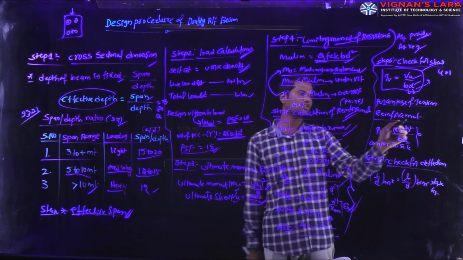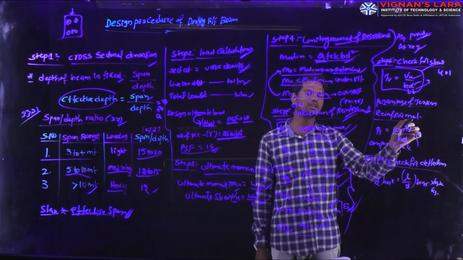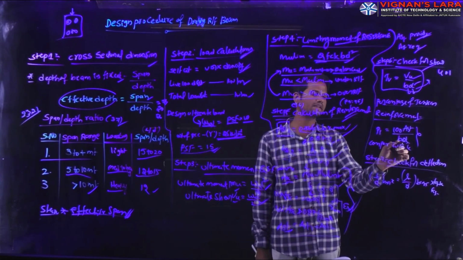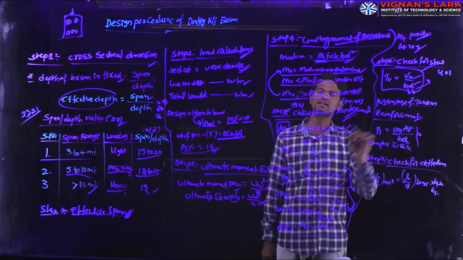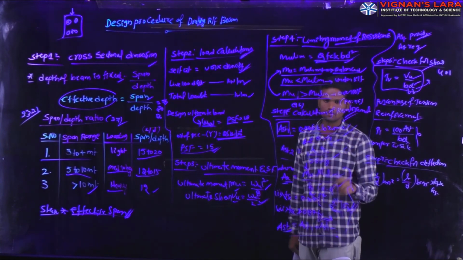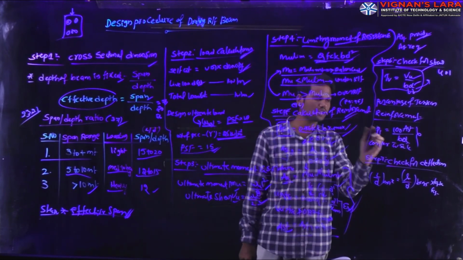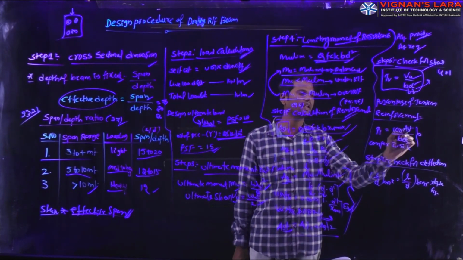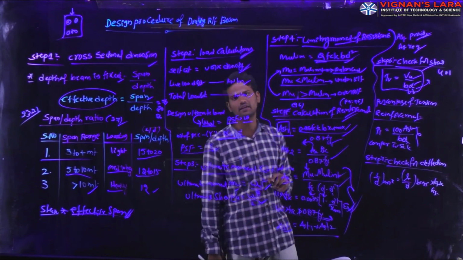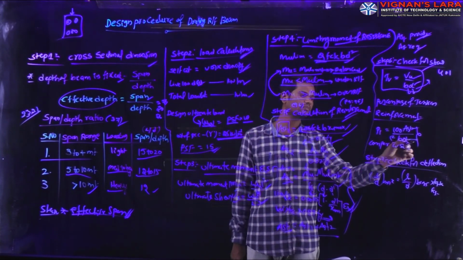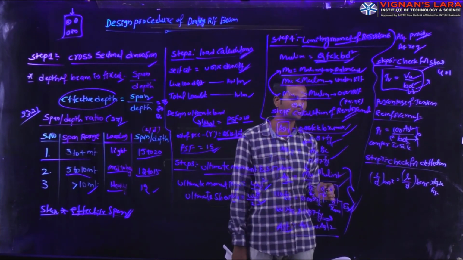The percentage of tension reinforcement is pt equals 100 Ast divided by b d. This is the percentage of steel we have to provide for the beam. Ast is the area of the steel provided in the beam, b is the width of the beam, and small d is the effective depth of the beam.